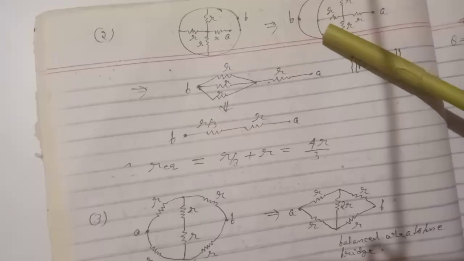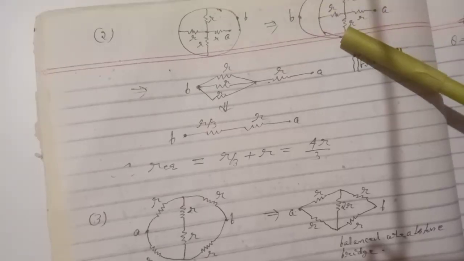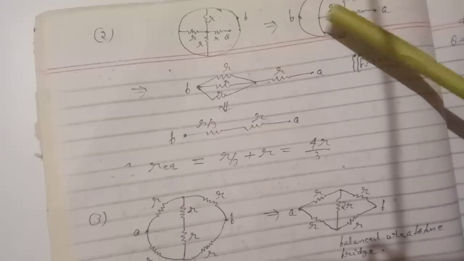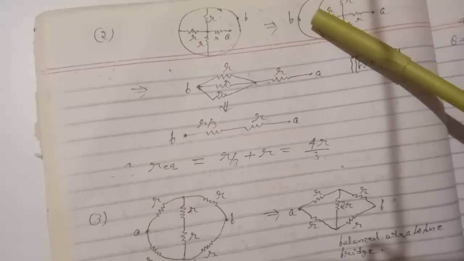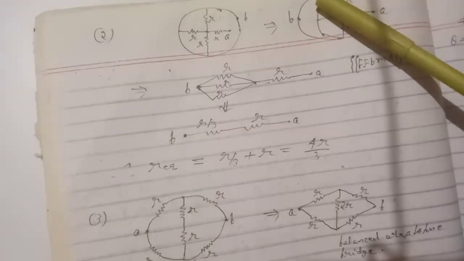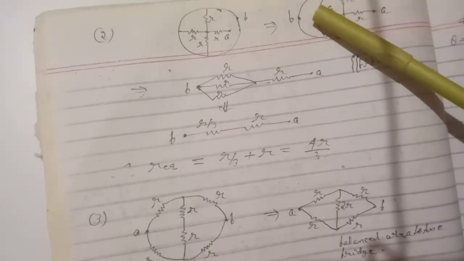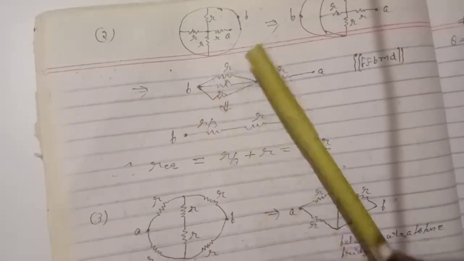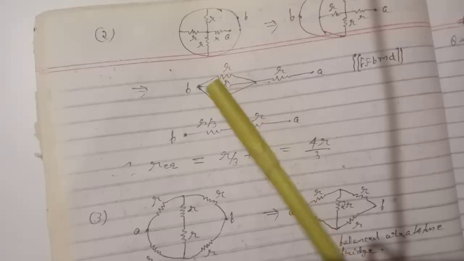Again, between this point and this point there is no resistance, so this whole point will be connected at one point. And again in this line and this line there is no resistance, so it will be point B.